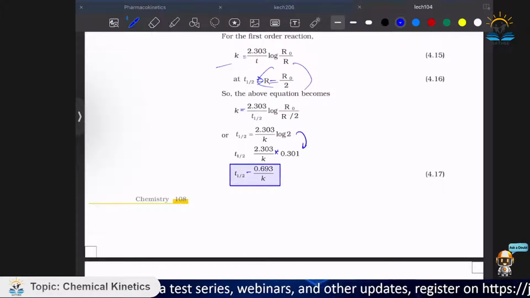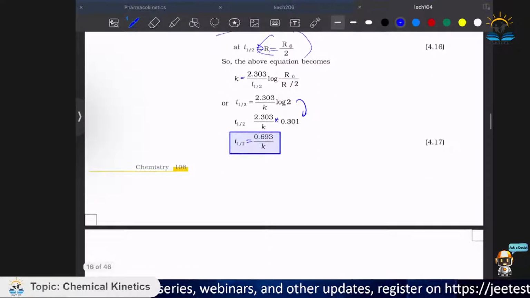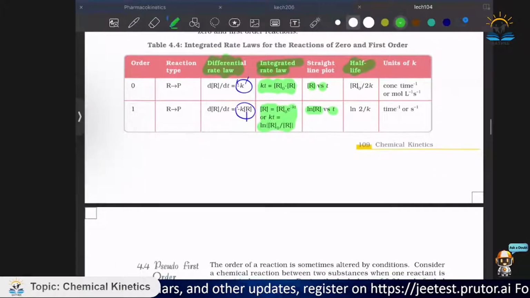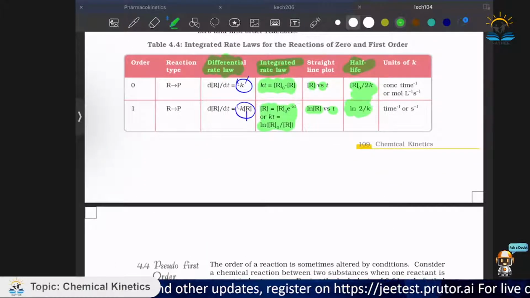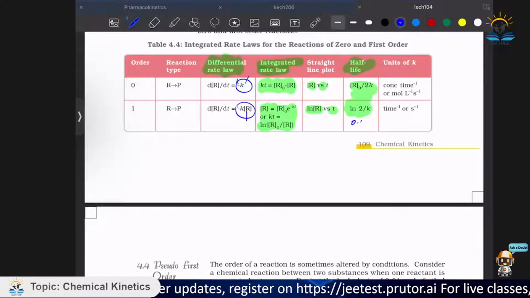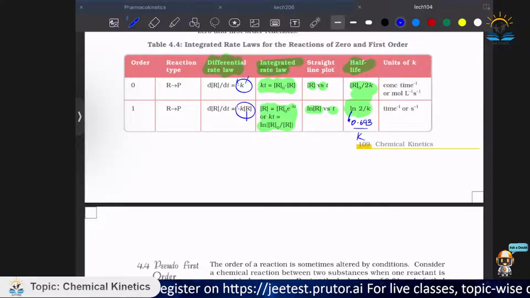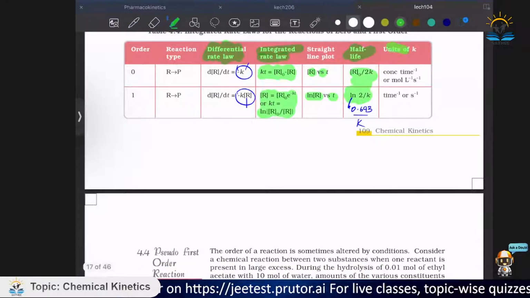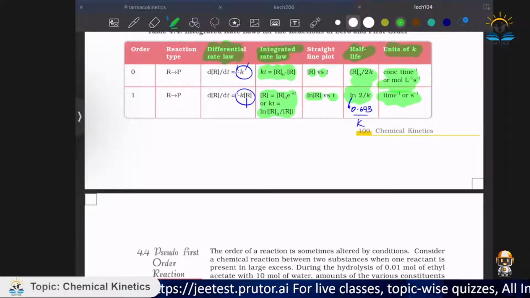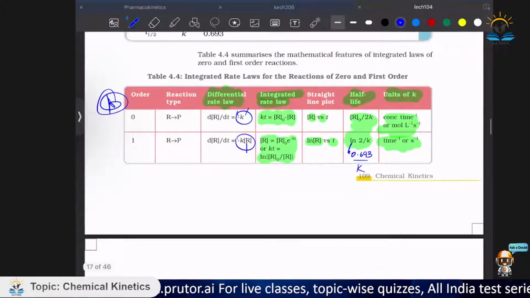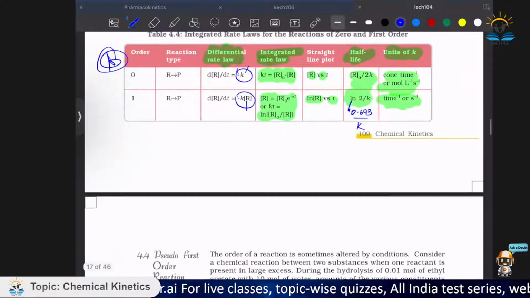This is the formula for t half-life of a first order reaction. This ln 2 by k is 0.693 by k. Units of k they've given. Just remember it. So this table is good. You can take a screenshot of this table, keep it for future because you'll be using this.